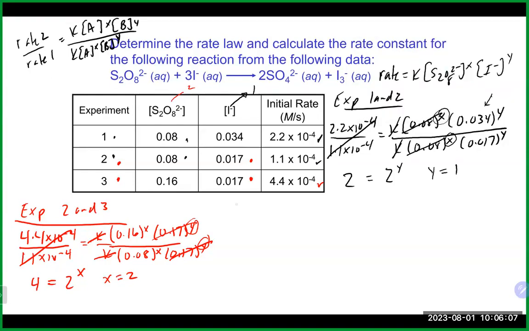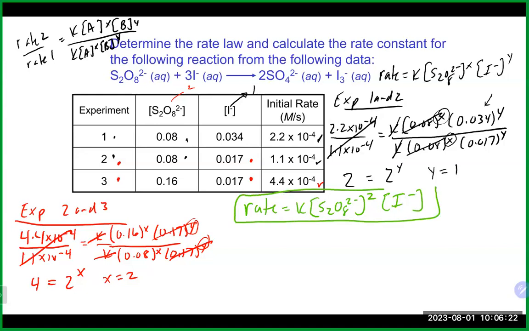So the rate law looks like rate equals K times the concentration of S2O8 2 minus, squared, times I minus. The overall order of this reaction would be 2 plus 1, which means this would technically be a third order reaction. Any questions on that?